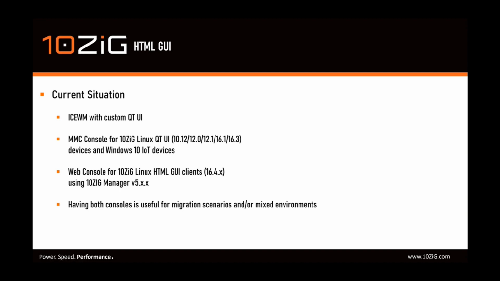Right, to have a web browser based manager that interacts with the HTML GUI, everything being HTML. So the last bit there is the point. Having both consoles is useful as you're migrating to the new GUI. Yeah, or in mixed environments when you're running those different versions.